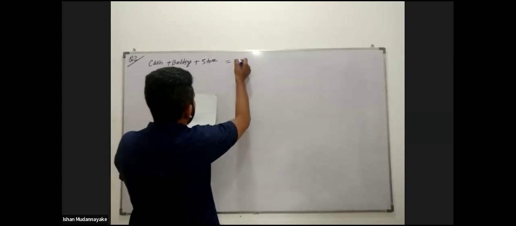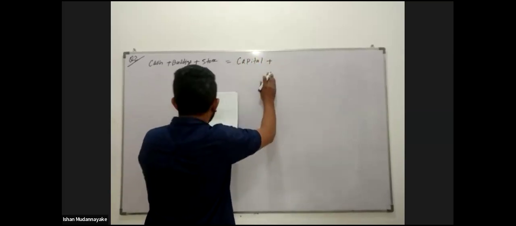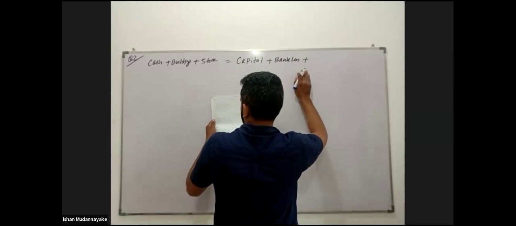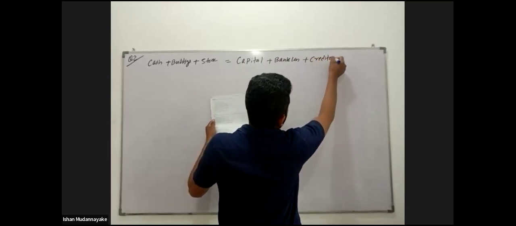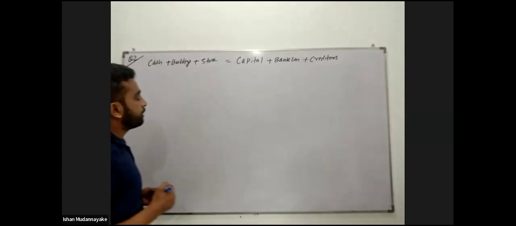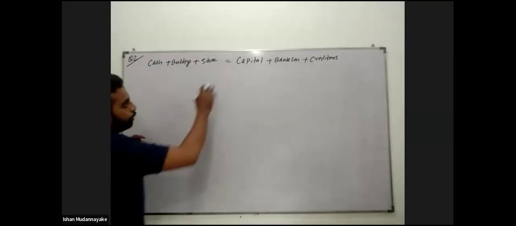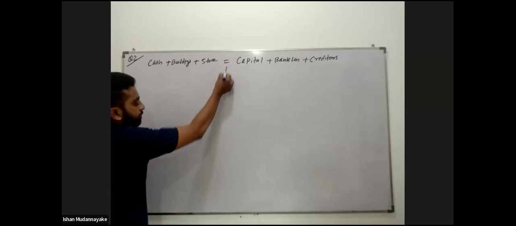Capital means equity. Capital plus bank loan plus creditors. So this is the accounting equation: cash plus building plus stocks equals capital plus bank loan plus creditors.